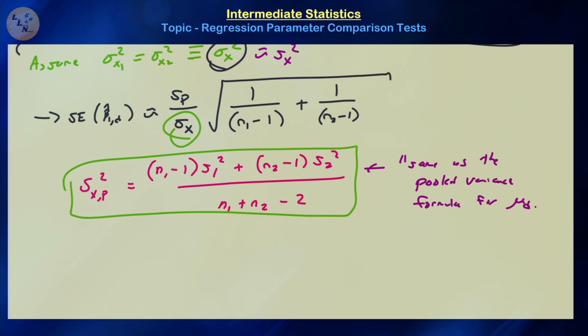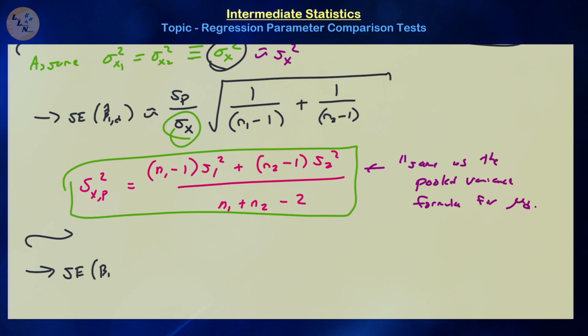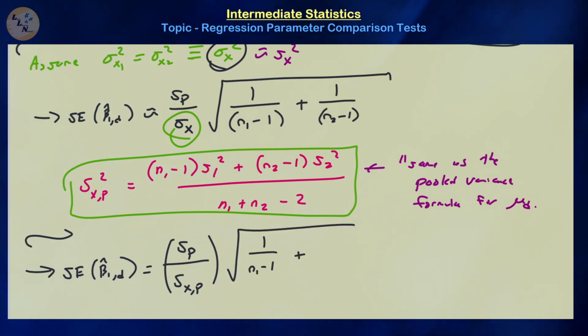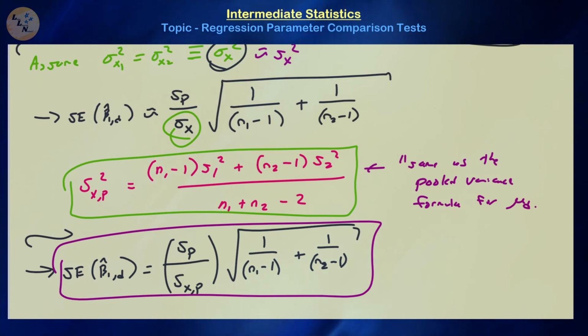So if that is the case, that means our standard error formula for the differences in slopes can be approximated simply by the approximation for the response variable standard deviation, over the pooled variance for the control variable that are homoscedastic to one another also, and then times the square root of 1 over n1 minus 1 plus 1 over n2 minus 1. And that is probably the simplest you can get it with those two extreme assumptions, right? And that is how we do the standard error for the difference in slopes.